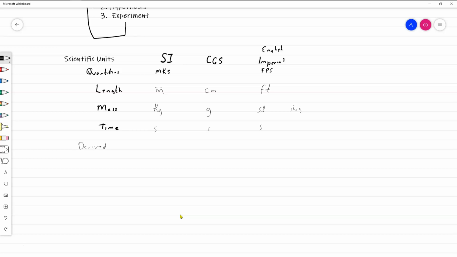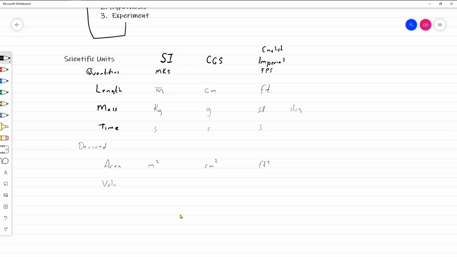Both of those are just lengths, different words for them. So area is a length squared. In the SI system, the fundamental unit of area is a square meter. In CGS, it's the square centimeter. In English, it's the square foot.